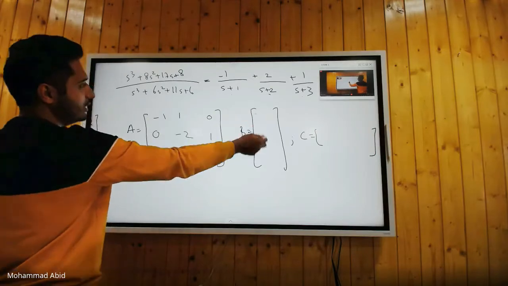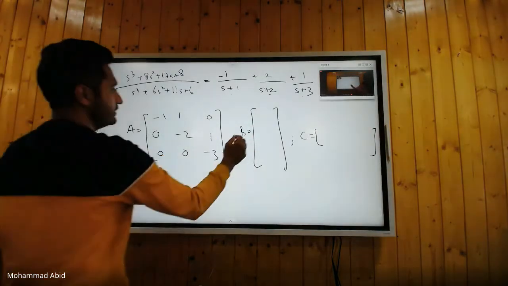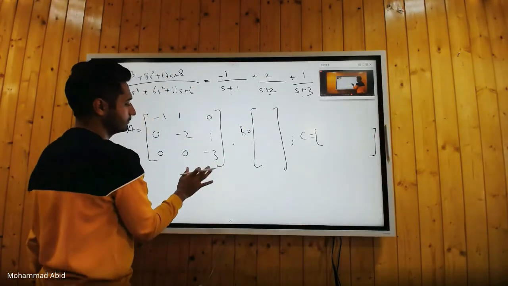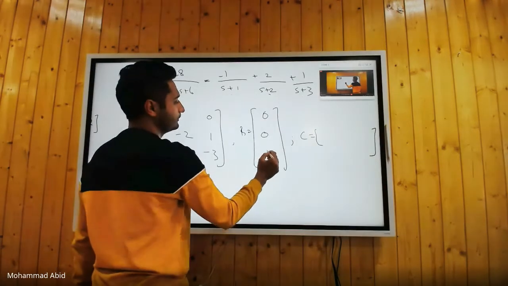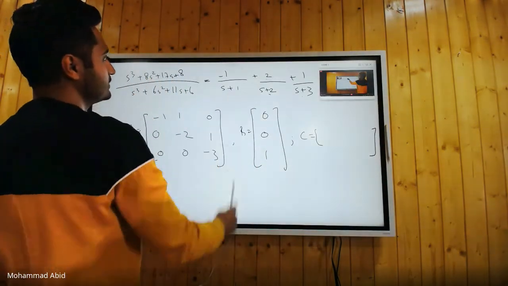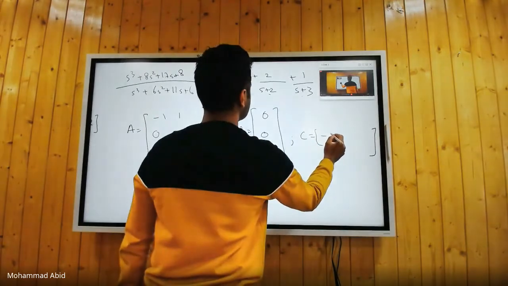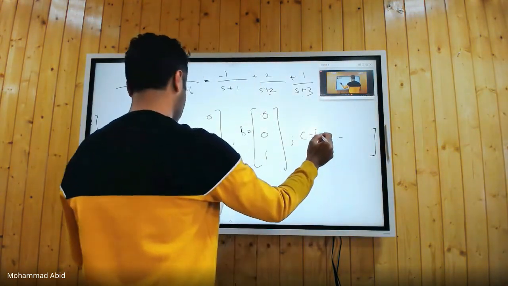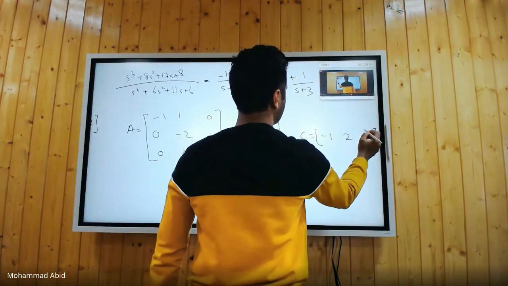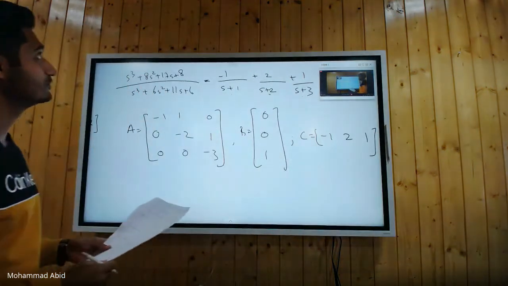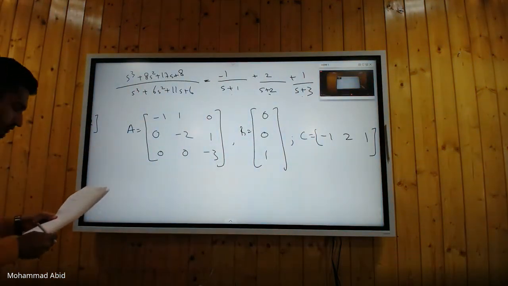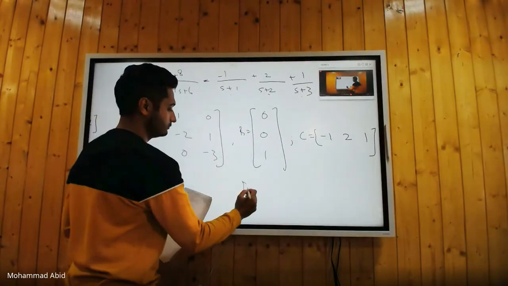What's B? The poles are distinct, isn't it? 0, 0, 1. What about C? C are the residues. Minus 1, minus 1 or 1? Minus 1. Minus 1, 2, and 1. This is your Jordan's form. And D is equal to 1.